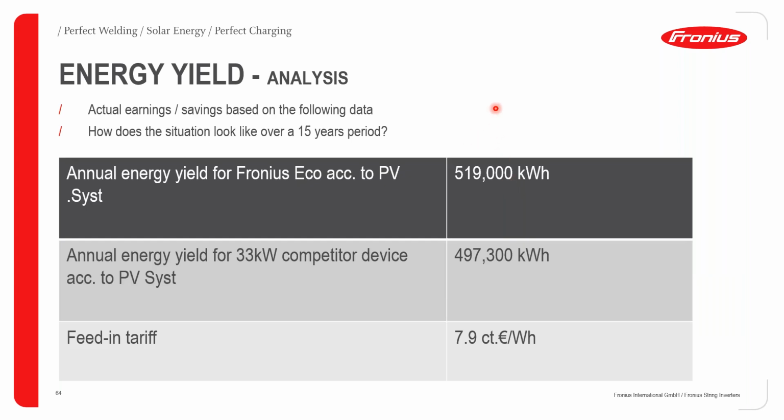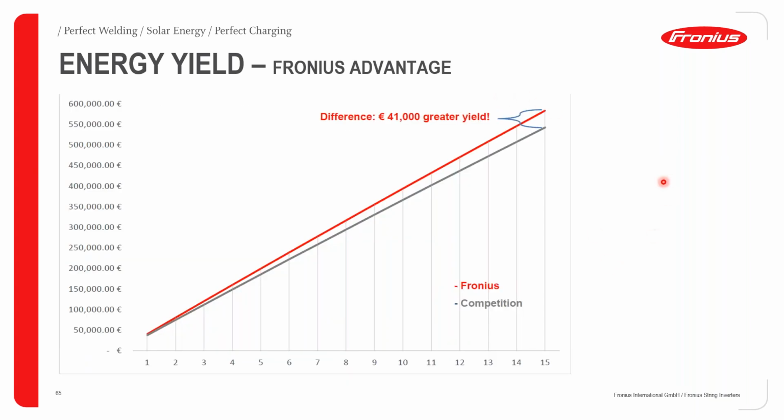And therefore, actual earnings and savings based on this data, how would the situation look over a 15-year period or over the life of the system? So if you go over the life of the system, we are going to see that the Fronius inverter is going to give you an earning advantage of about 41,000 euros over the entire lifespan of the inverter.